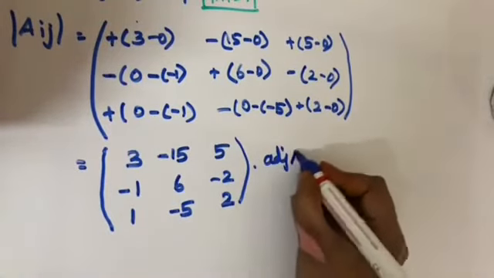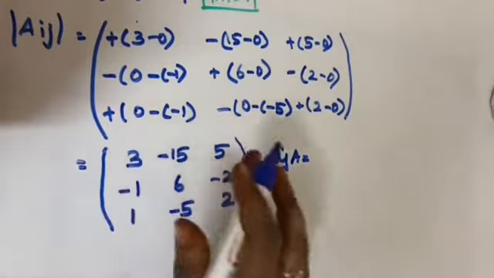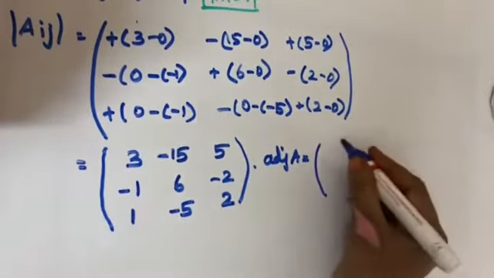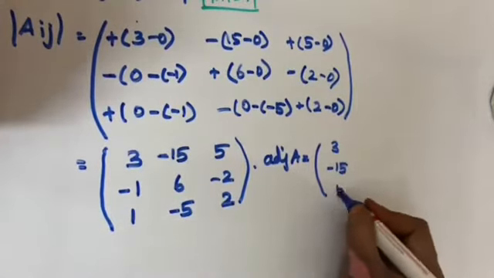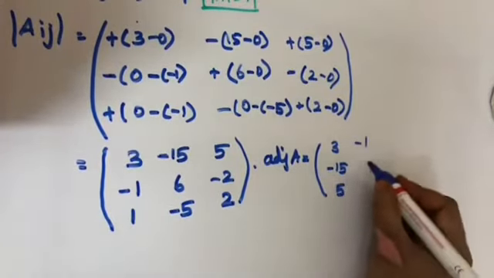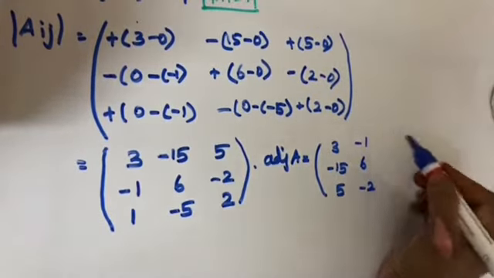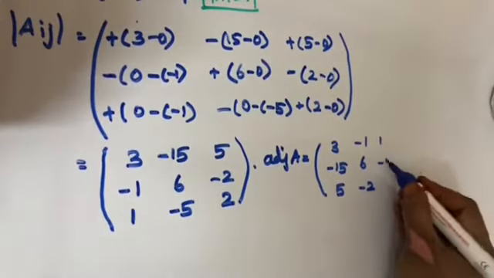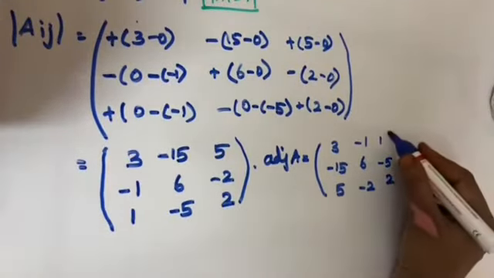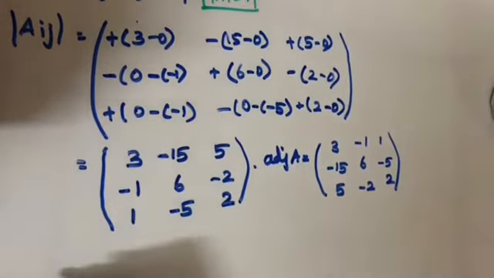Adjoint A is equal to transpose of this matrix Aij. So 3, minus 15, 5 and minus 1, 6, minus 2. It is 1, minus 5, 2. Okay. So now A inverse.